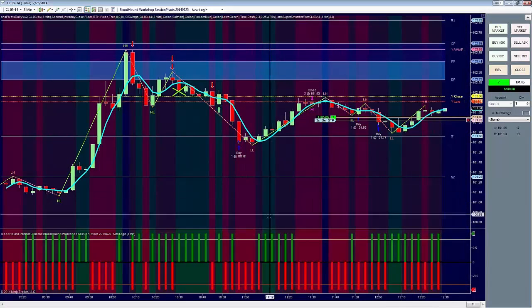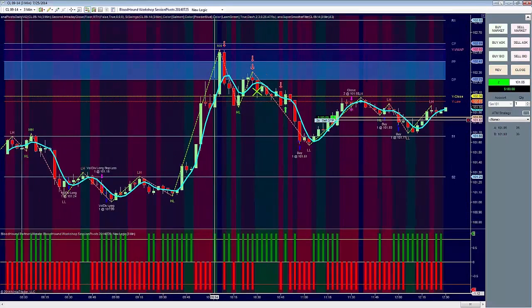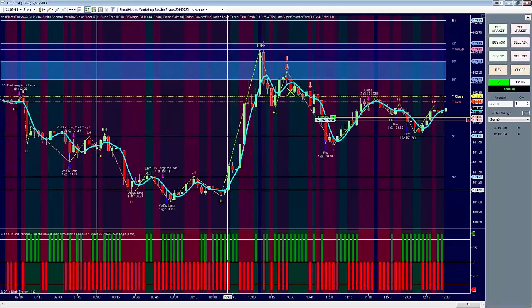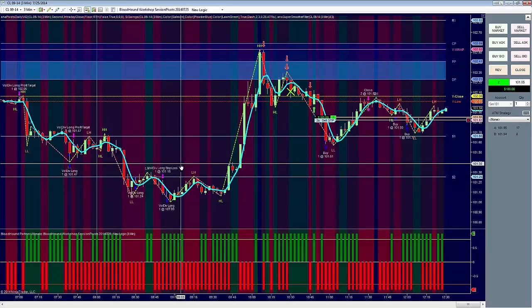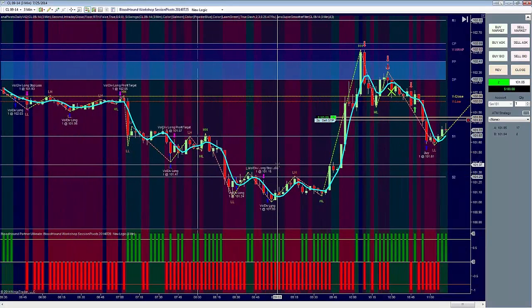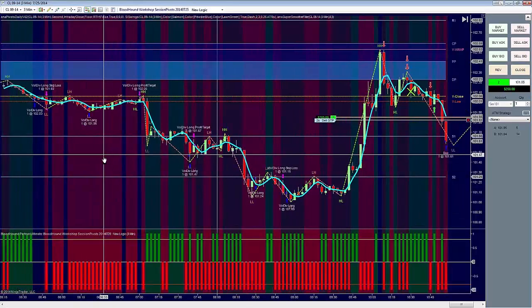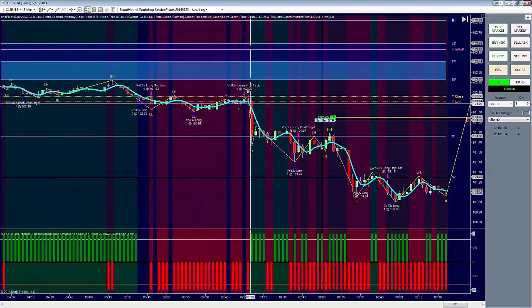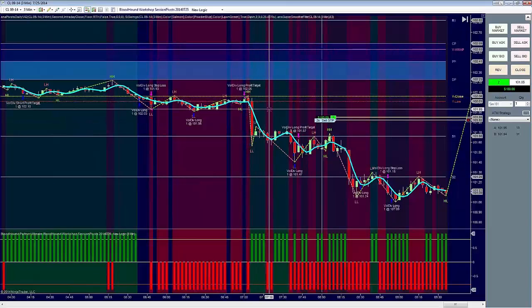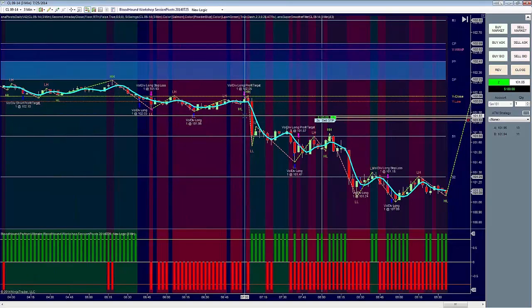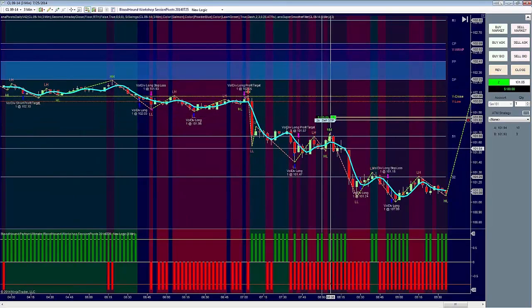All right, now right here, for instance, we're at S2. So let's consider taking a trade, rather than doing a counter trend trade, let's do a short from yesterday's close or yesterday's low, or both of them together. Actually, we could do that. So we could take a short right here.